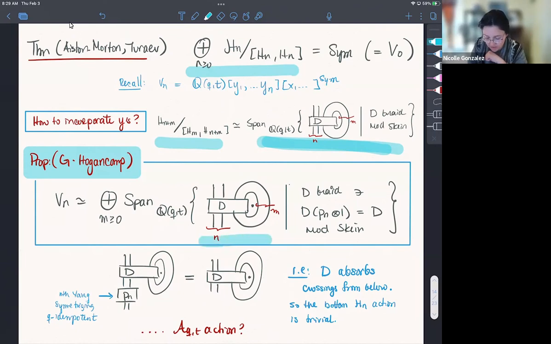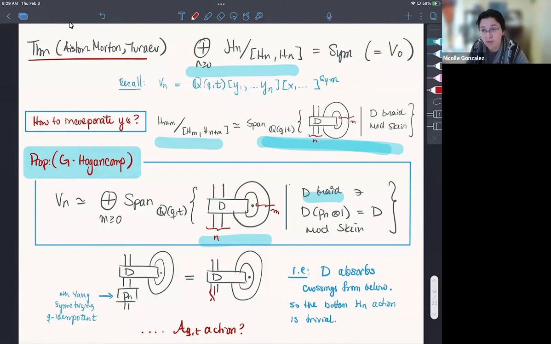You have braids where you close m of them, but you allow the diagrams to be any braids with the additional condition that the action on the bottom is trivial. That's equivalent to saying that any crossings on the bottom just get absorbed, or that secretly every diagram has a Young idempotent at the bottom.